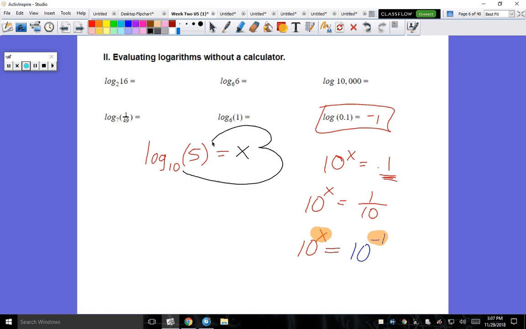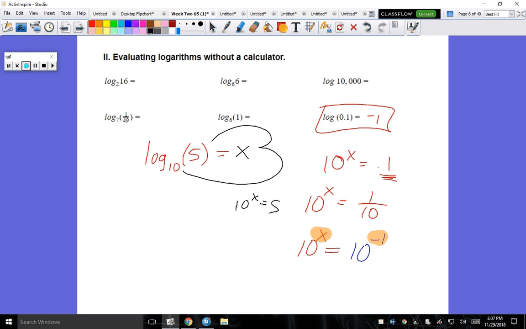You see 10 to the power of x is equal to 5. That's where you would start, right? But then it's hard to go from there, isn't it? I don't know what this power would be to get me a 5. It's not 2, because that'd be 100. It's not 1/2, because that'd be the square root of 10.